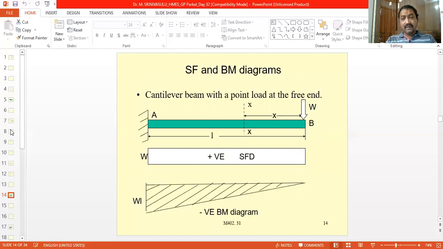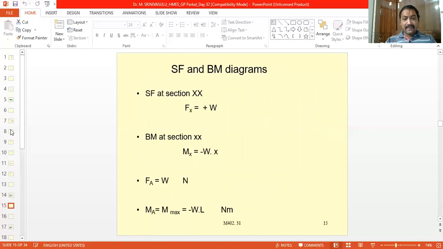So this is the beam given. This beam has a length of L and the load of W newtons acting at the free end. Now we are supposed to construct the shear force diagram and bending moment diagram for this beam.